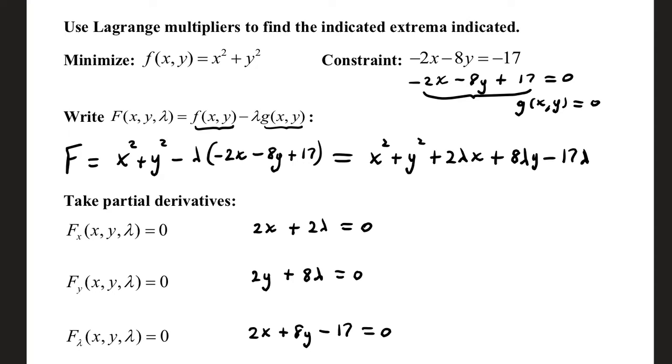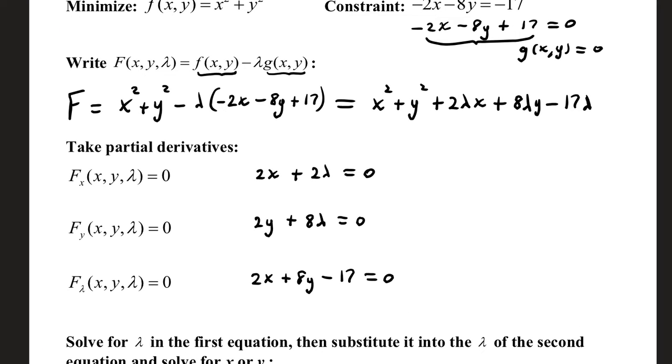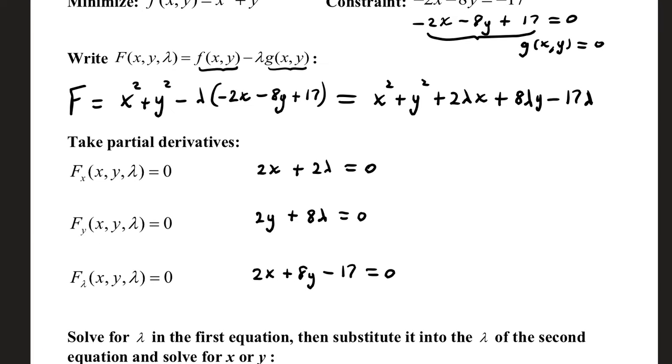Taking partial derivatives with respect to x, y, and lambda, starting with capital F, starting with x terms, we have 2x, 0, 2 lambda, 0, and 0. There's only 2 terms that have an x, so we have 2x plus 2 lambda equals 0.